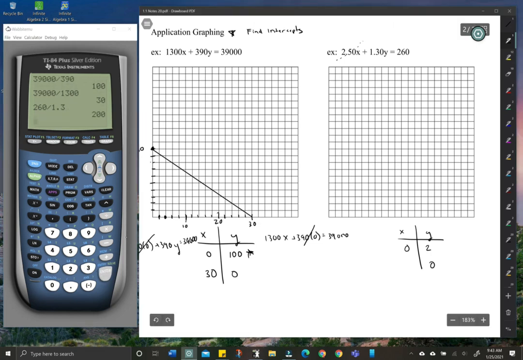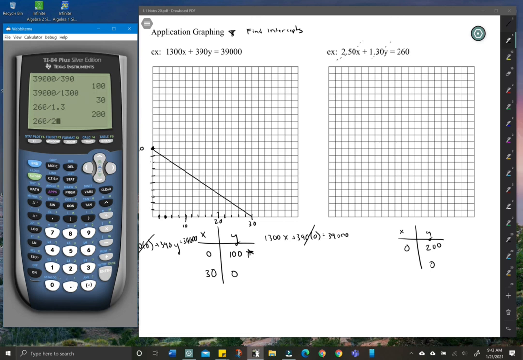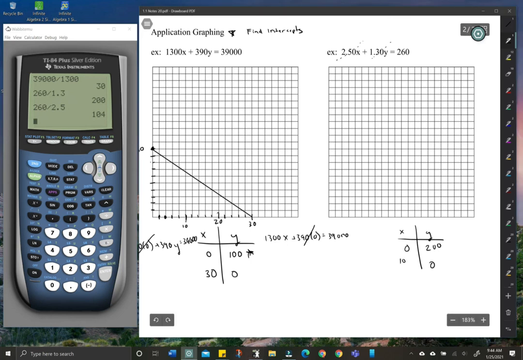So on the y-axis, up to 200. I think if we go by tens, we'll still be okay. 10, 20, 30, 40, 50, 60, 70, 80, 90, 100, up to 200.